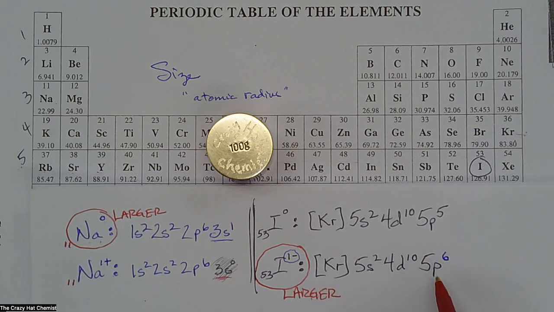Because the effective nuclear charge has decreased, okay? And that effective nuclear charge has decreased because you've added an electron. And so you cannot hold on to the 54 electrons in this particular case, with those 53 protons in the nucleus. And the electron-electron repulsion in that outer shell, because you've added another electron here, has increased the size as well.